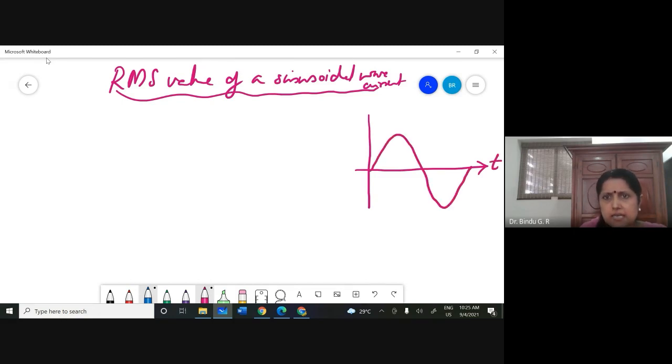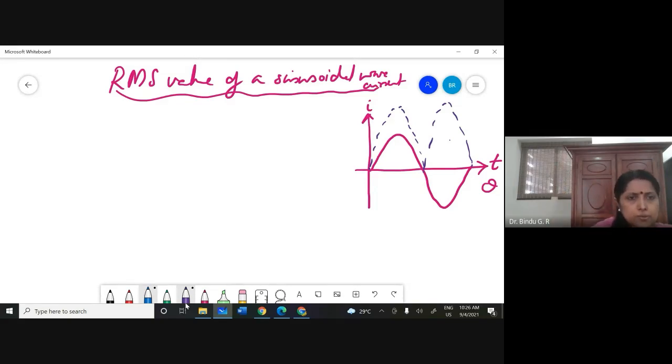This is I against omega T, or theta. Now, for finding out the RMS value, you need to square it. This waveform is not of much importance here. As you can see, when you square it, you don't have a negative half cycle: negative into negative becomes positive. So here again, I have to take a small strip in the squared waveform. This is the I squared waveform.